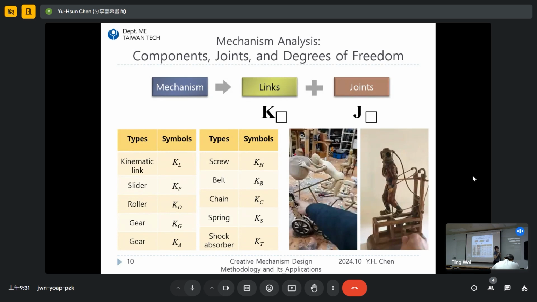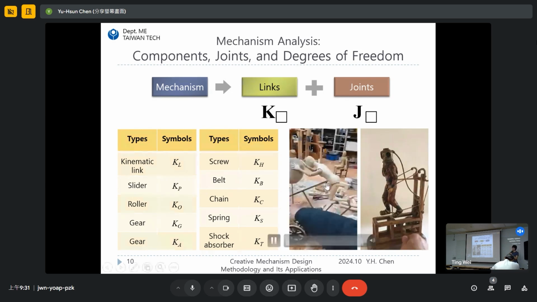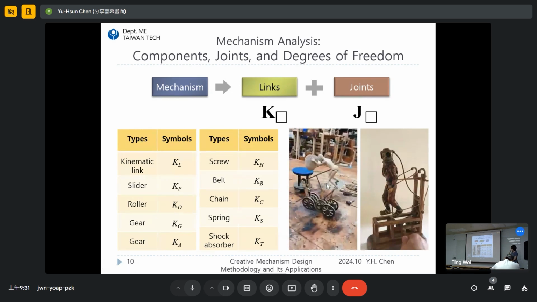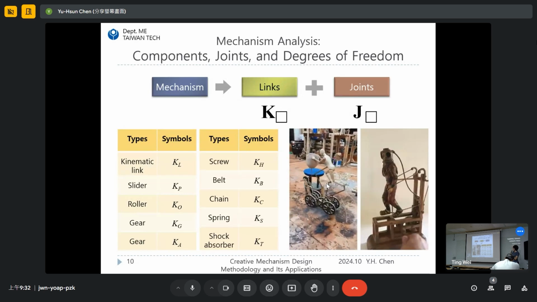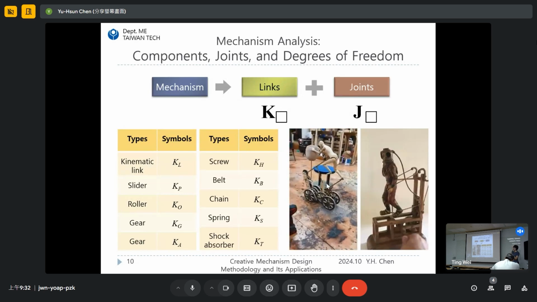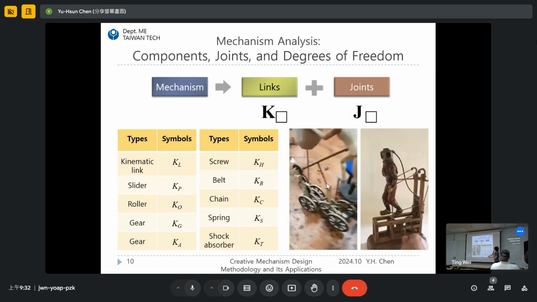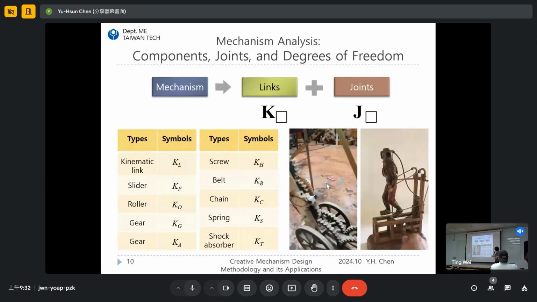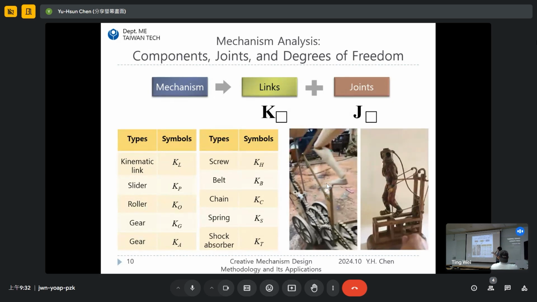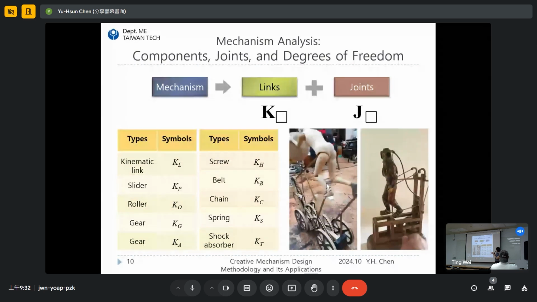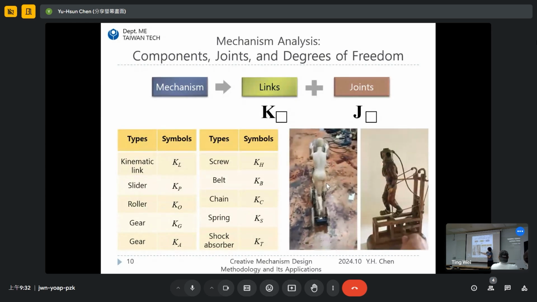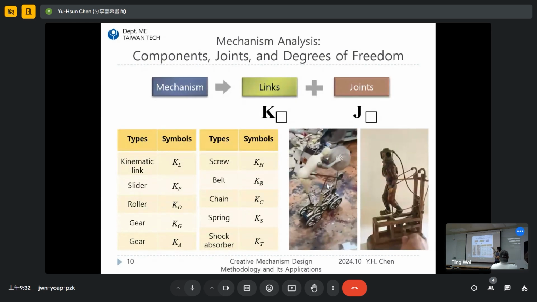Over here we also provide 2 examples to show you what kind of mechanism components we use. Do you see the gears? Yes, that is a kind of component we use, a kind of link. And then do you see the linkage? Here is a kinematic linkage.